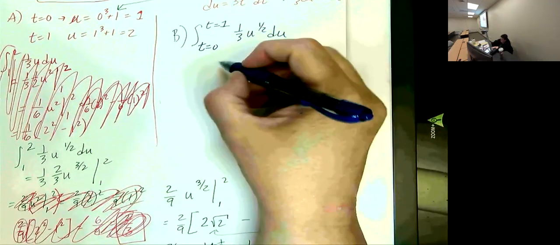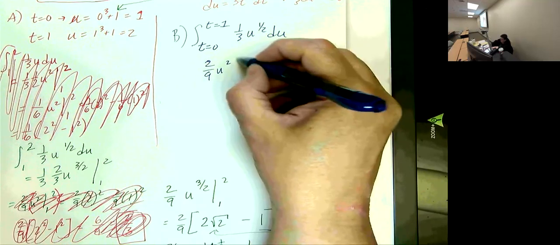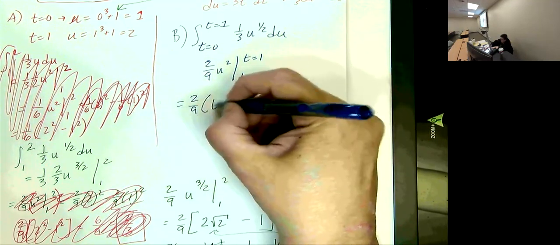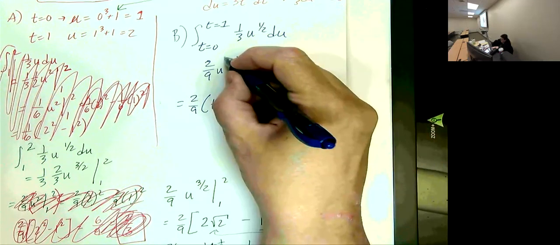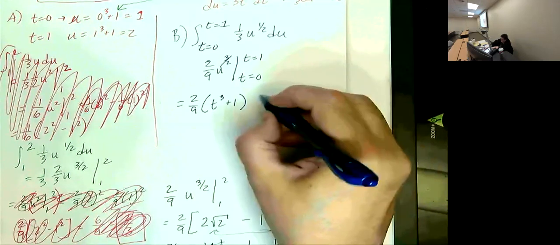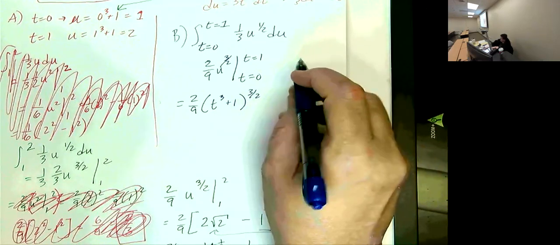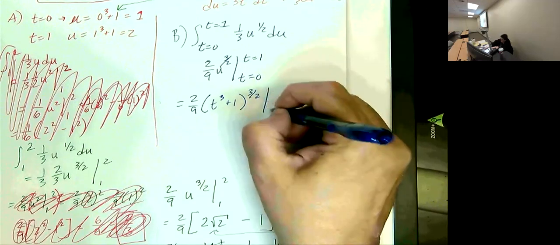So we saw this was 2/9 u to the 3/2 from t = 0 to t = 1. Now we make our substitution. I should say 3/2. I keep trying really hard to call that a square.